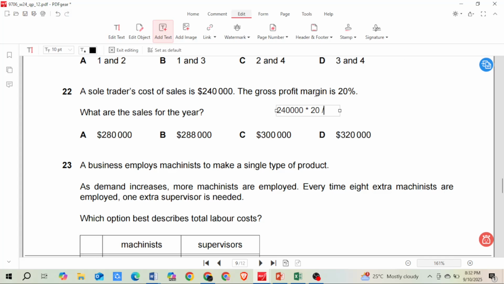To convert the margin into markup, we do 100 minus 20, which is 80, and that gives you 60,000. So the profit included here is 60,000. The question is what are the sales for the year? Cost of sales plus profit will make sales, so the correct answer is C.